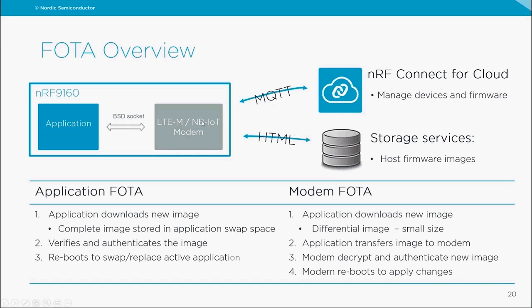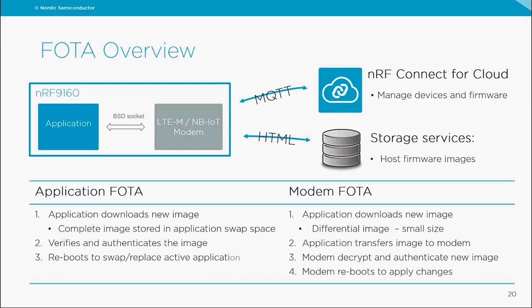Once the modem decides that it needs to do an update, it will use HTTP to download the new firmware image from a storage service. Of course, over secure HTTPS connection in that case.